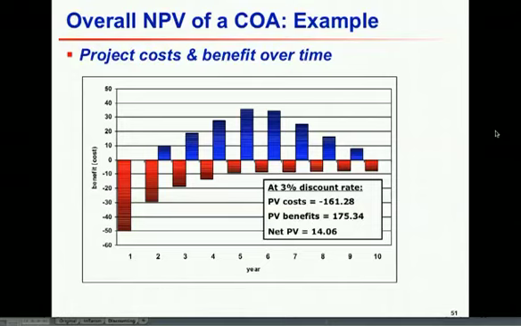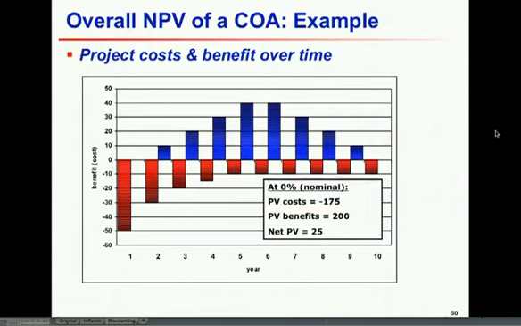Now if we did a 3% discount rate, so we discounted a little bit, we would get a present value of the costs from the numbers we just discounted. Each of those future costs and future benefits gets a little bit smaller. And notice that you're discounting things more the farther in the future they are.